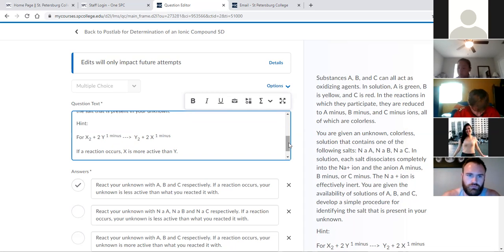If you're getting a change of color, that means that the X2 is changed to X minus and the Y minus is changed to Y. If that happens, the X ended up ionic, so the X is more active. Your unknown, which is Y minus, is less active, because it had its electrons taken away. Okay, thank you, Professor. No problem.